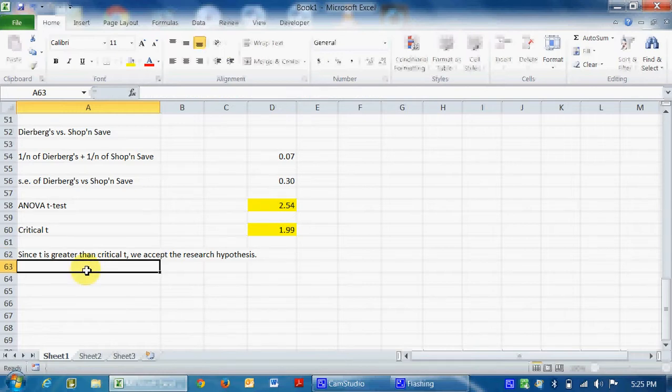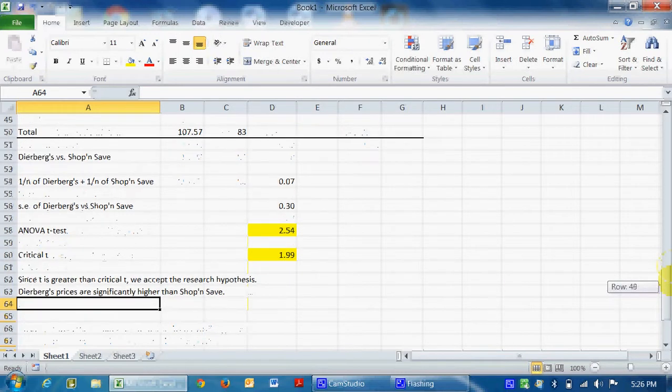Of course, then that means that there is a difference. And so we can say Dierberg's prices are significantly higher than Shop and Save. Okay, so that's all there is to it.